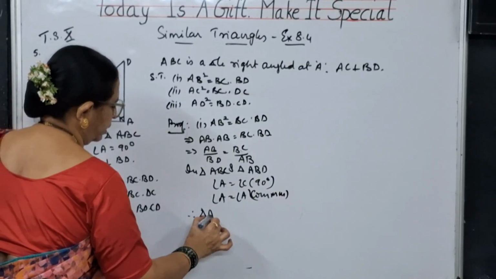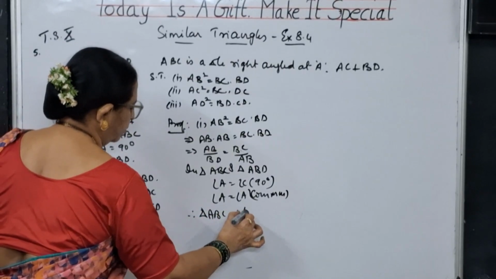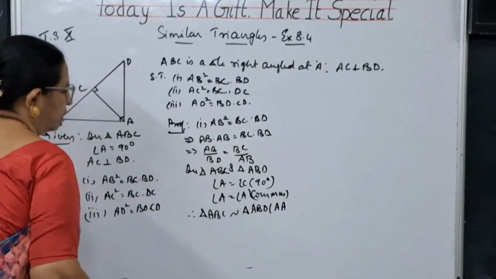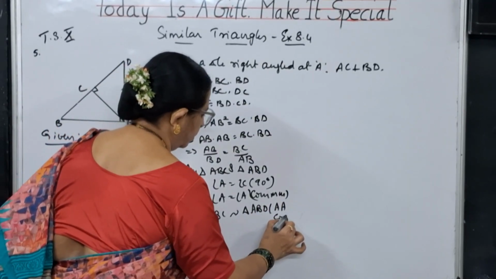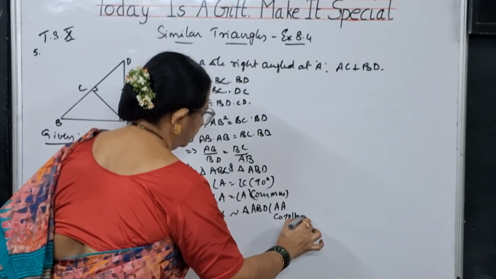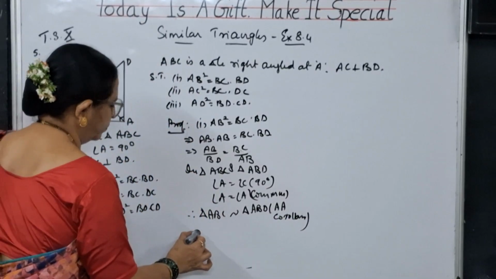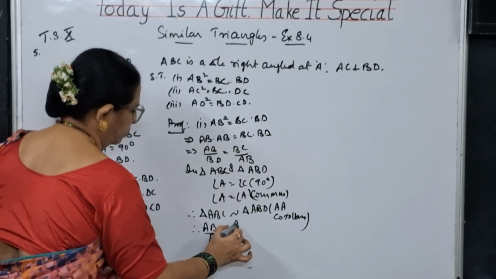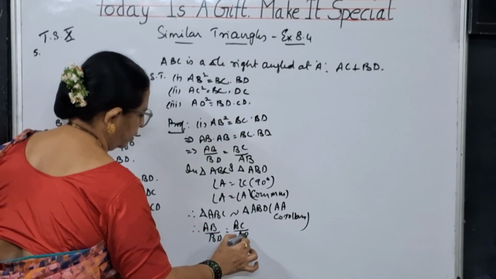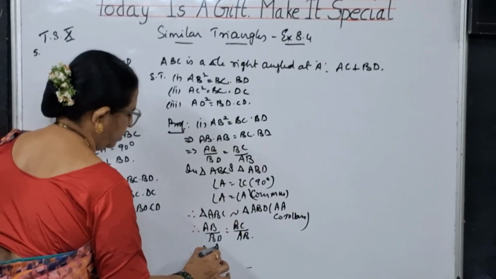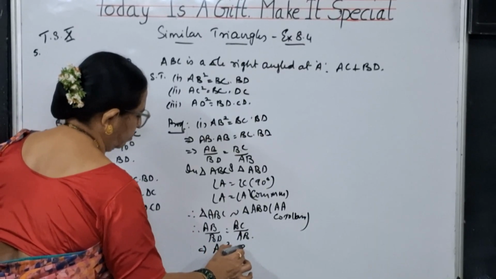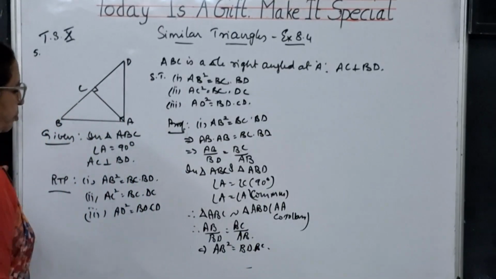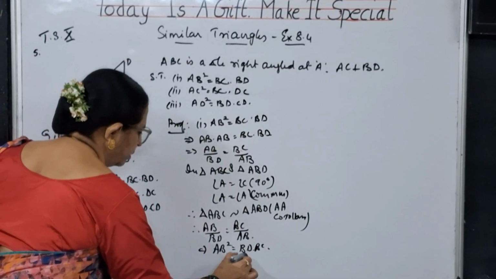Therefore, triangle ABC is similar to triangle ABD based on the angle corollary. So, what can you say? AB by BD is equal to BC by AB. What does this imply? AB square is equal to BD into BC. So, this is the proof of the first bit, hence proved.